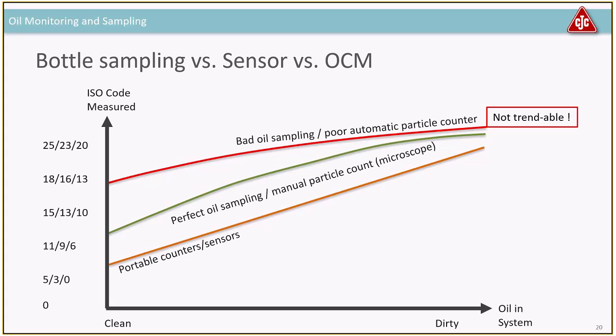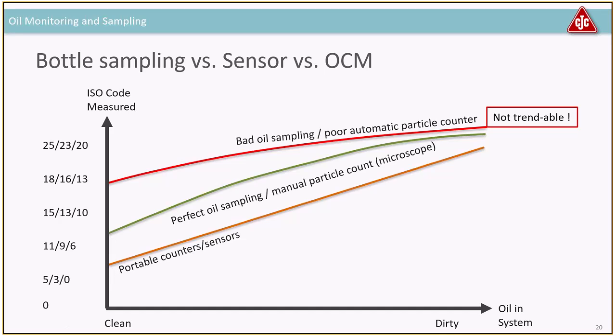So maybe the difference is 2, 3, 5 ISO classes between a very clean system and the more dirty one here. The dirtier it is, the closer they get together. Again, like I said, you are having millions of particles, so the few particles from the bottle and the lab mean less. But when it's very, very clean, the sample bottle, the person involved and so on mean quite a lot.